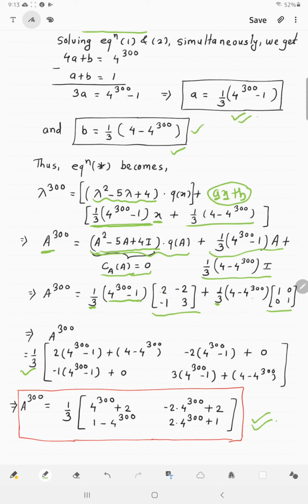Similarly, multiply this term to the first coefficient, so 1 times 4 minus 4 raised to 300. Add this term and this term, so I write 2 times 4 raised to 300 minus 1 plus 4 minus 4 raised to 300. Similarly, you can do it for the remaining terms. By adding, we will get this output.